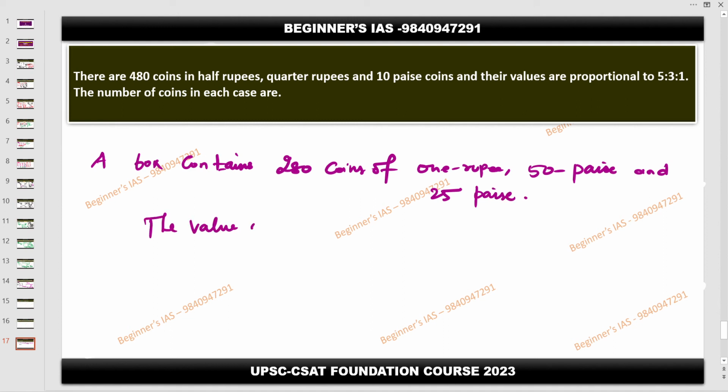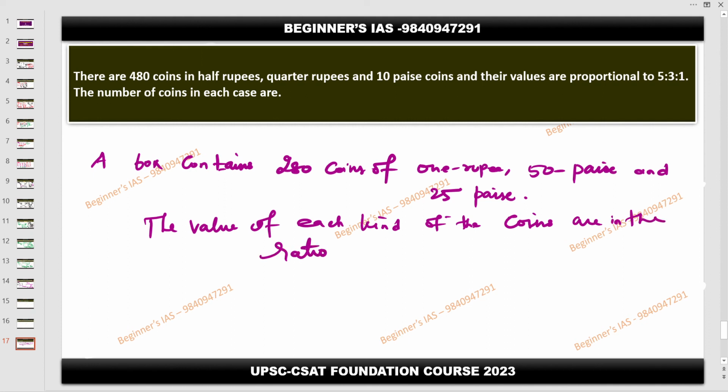The value of each kind of the coins are in the ratio 8 is to 4 is to 3. Find the number of 50 paise coins.